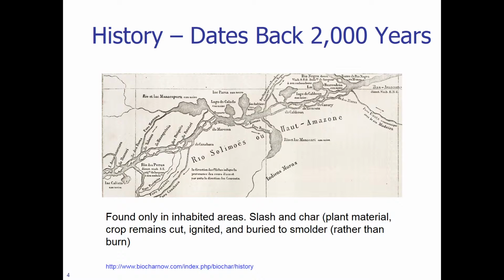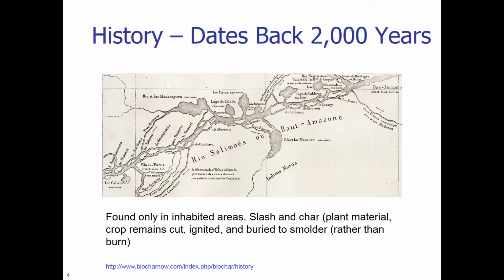Now, the history of biochar dates back 2,000 years or so, and it originated in the terra preta soils of Brazil. But what is interesting is that it's found only in inhabited areas.